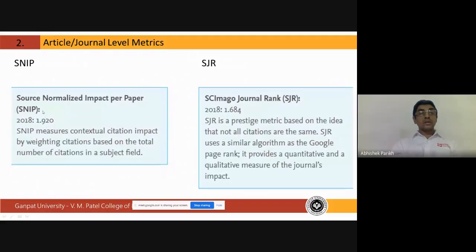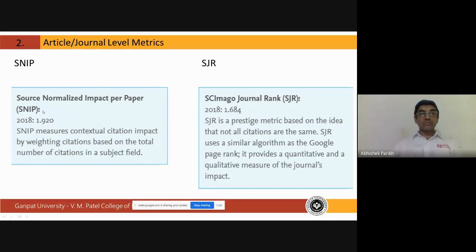Now, two more general level metrics can also be calculated for an article. Here you can calculate these two metrics on an article basis also. If we talk about the source normalized impact per paper, it is a contextual citation impact by weightage of citation. The weightage is again calculated based on the Eigenfactor.